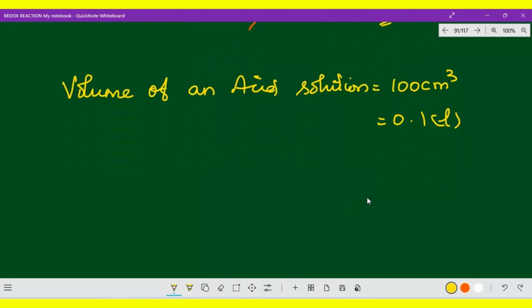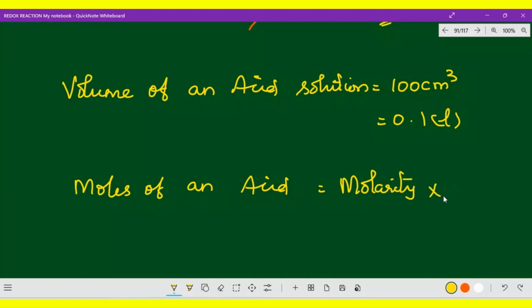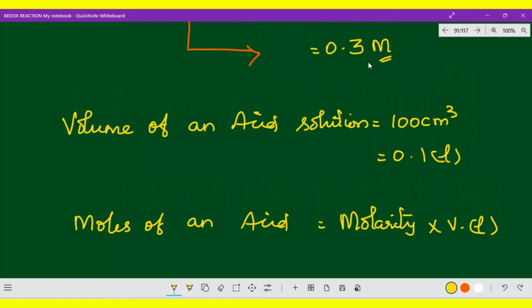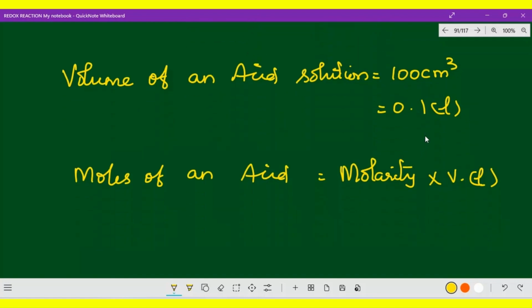How to identify the moles? Moles equal molarity into volume of solution in liter. We'll get the moles of the acid. Molarity, just now we found 0.3 molarity, and volume of solution in liter is 0.1.